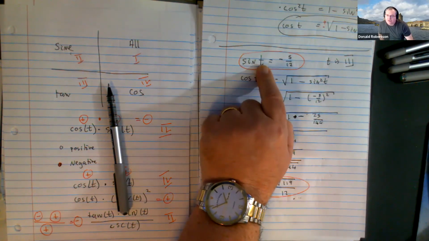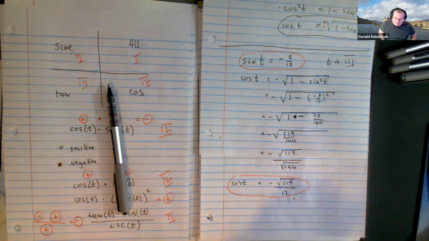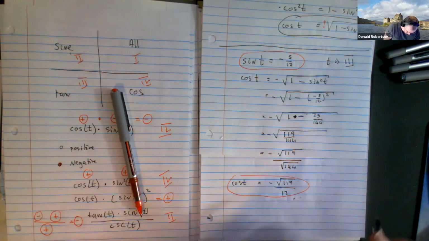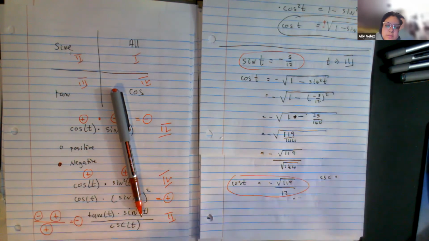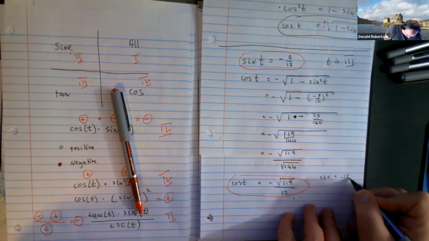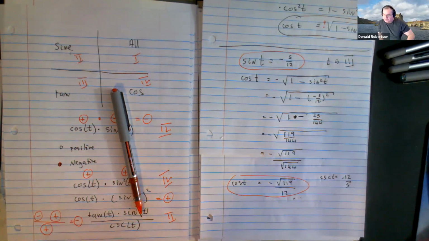Can't you tell me the cosecant of t? If you know the sine of t is this fraction, what will the cosecant of t be? 1 over negative 5/12. And I think of it as turning the fraction upside down, which does the same job. We agree? Reciprocal. Turn me upside down.